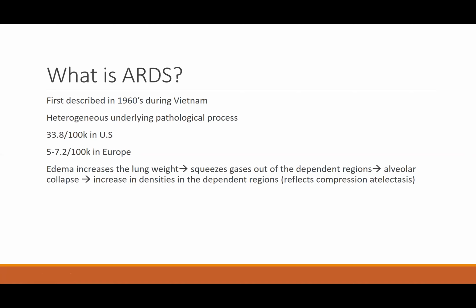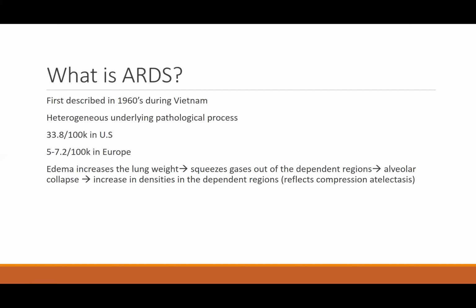What that means is that as the respiratory disease develops and injury is occurring in the lungs, we're going to go down to this very last bullet where we look at edema increasing the lung weight. That edema is really pushing and squeezing gases out of the dependent regions in the lung. And what that leads to is alveolar collapse.